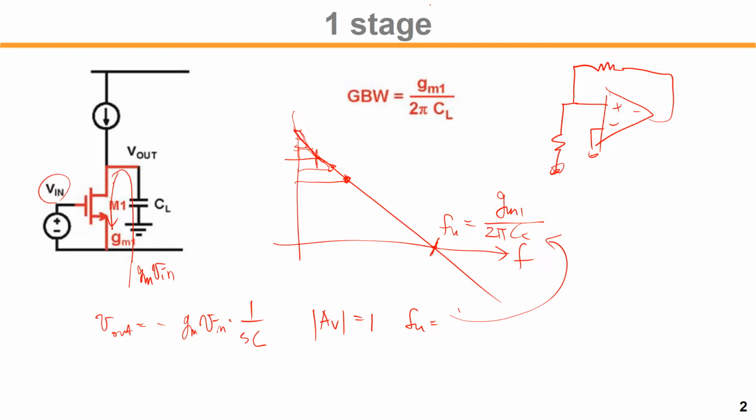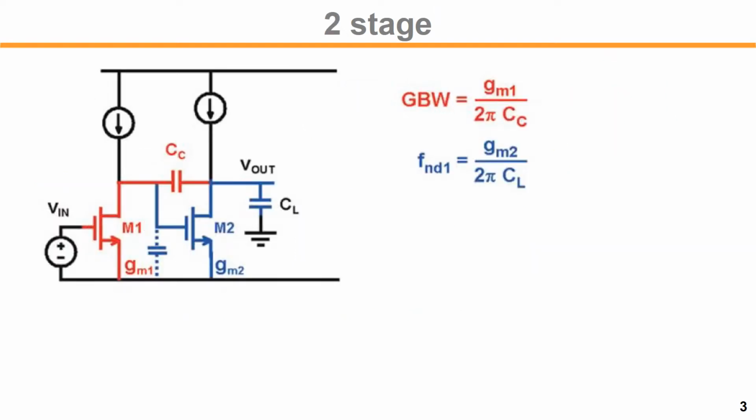Now if you add another stage, then you have a two-pole node. Without CC you get F1 and F2, which are closely spaced, so that results in a 180 degree phase shift.